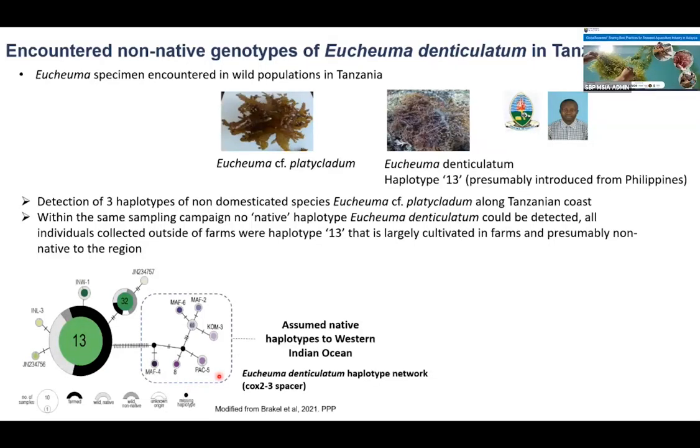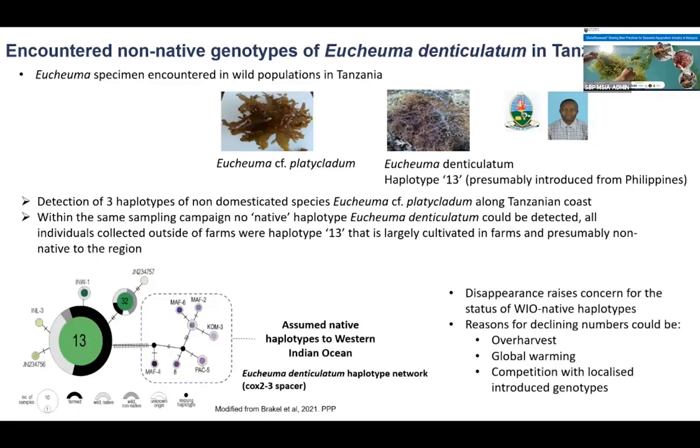The disappearance raises concern for the status of the Western Indian Ocean native haplotypes. Reasons for declining numbers could be, for example, overharvest in the past, global warming, or competition with localized introduced genotypes.